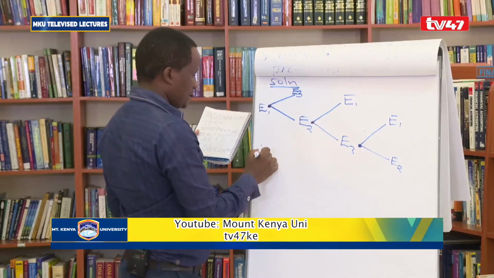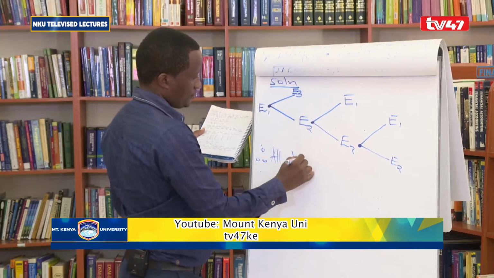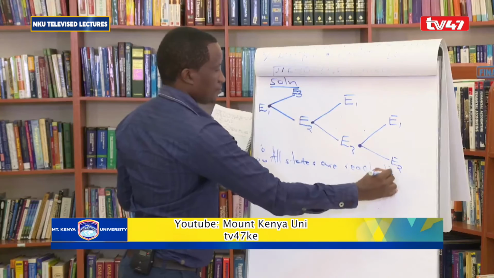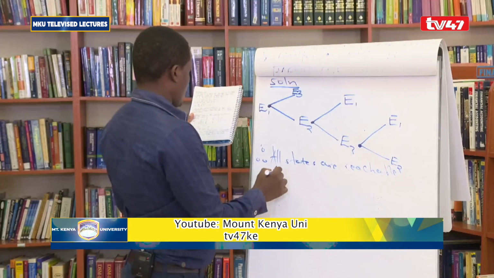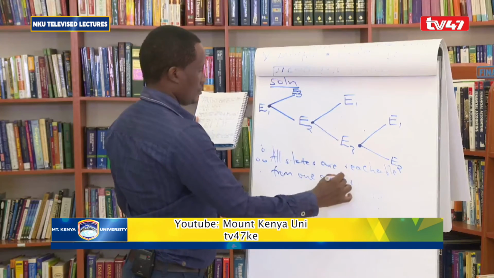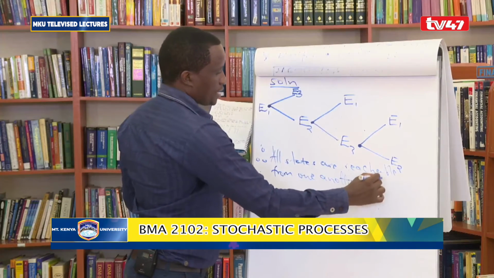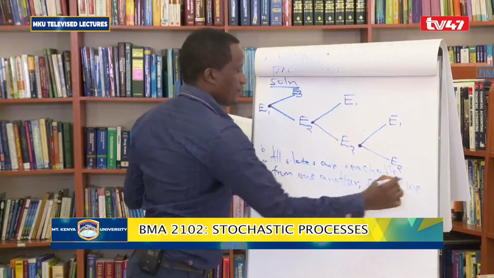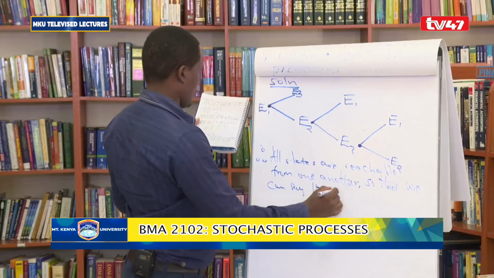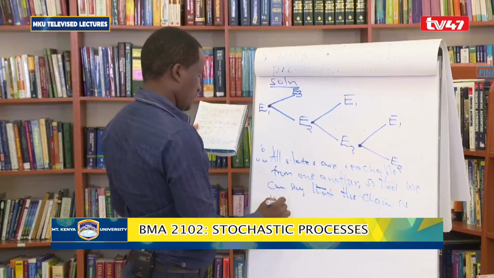So this means all states are reachable from one another, so that we can say that the chain is irreducible.